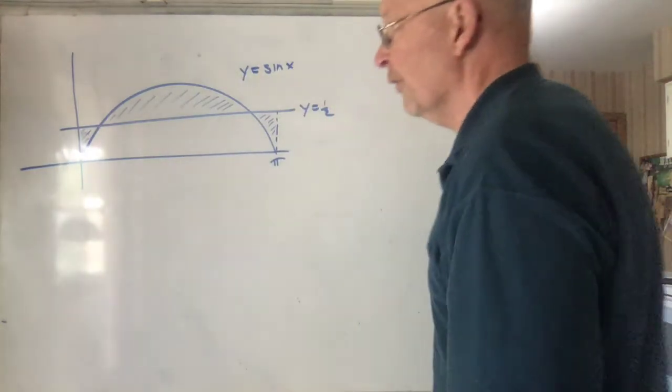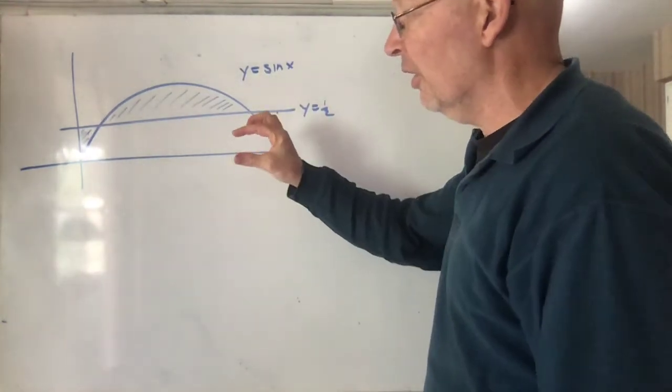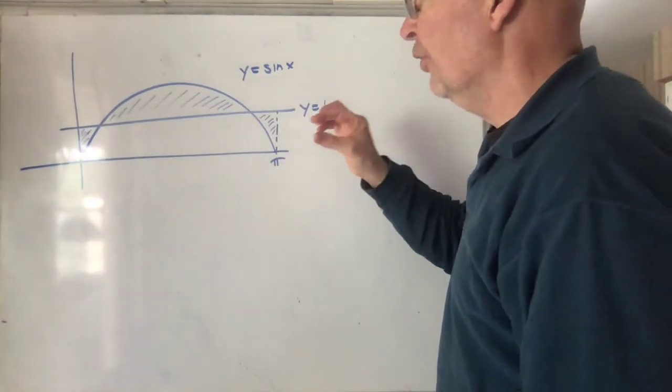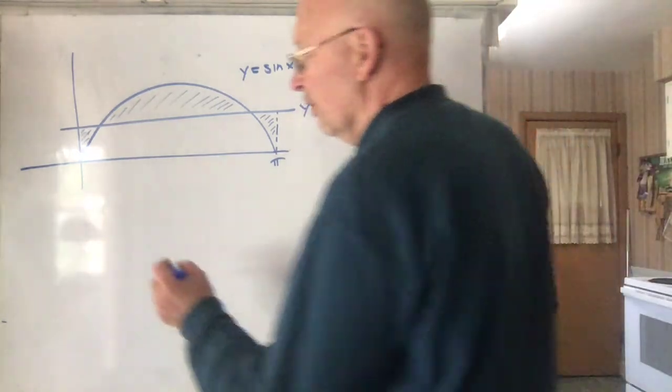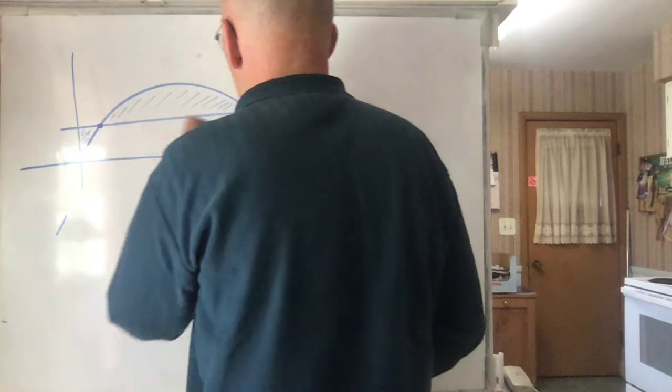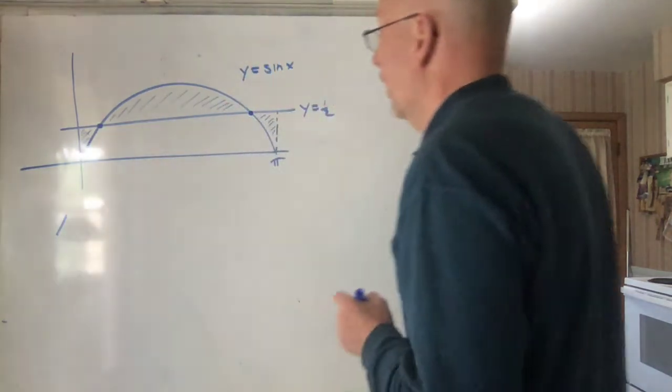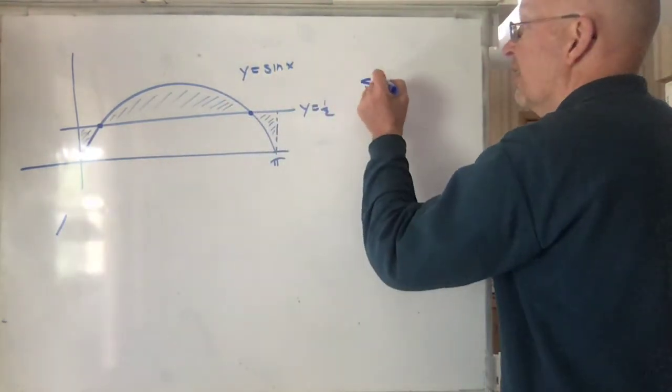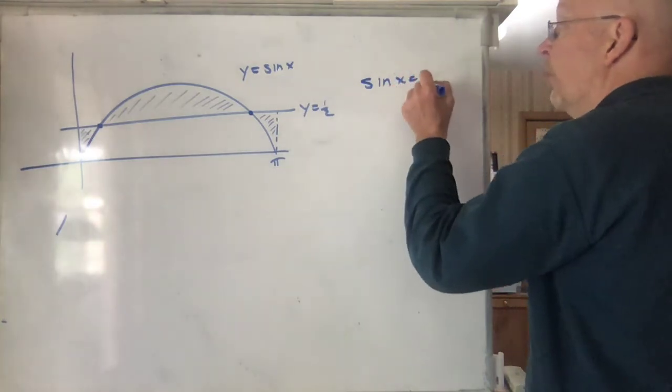So we have to be careful here because, again, you have to remember you're always adding up these little heights of rectangles. So first of all, we need to find out where these points of intersection are. So where is the sine of x equal to 1/2?